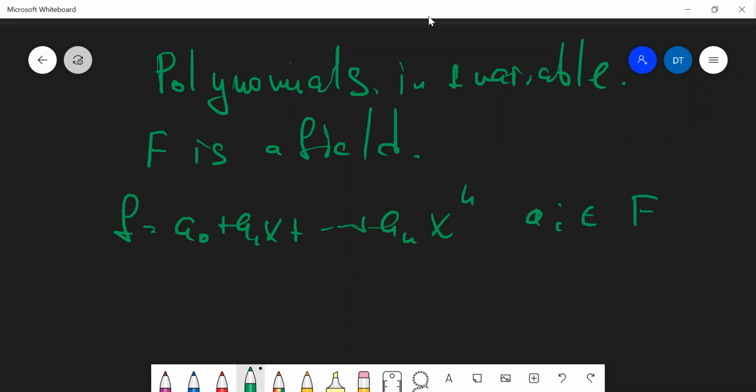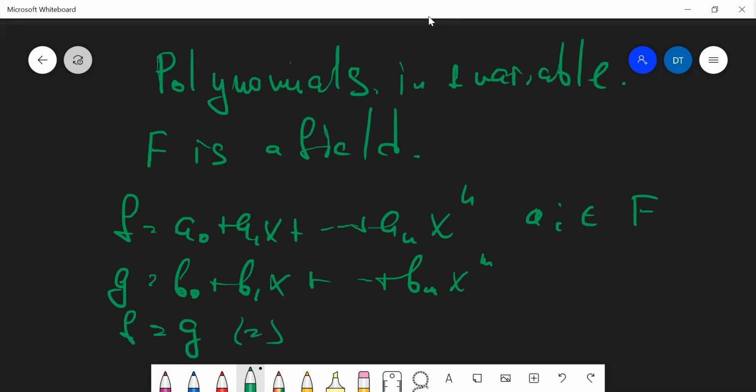So this expression is a polynomial, and as I already mentioned, two polynomials are equal if and only if all the coefficients are the same. So if we have a different polynomial, then these two polynomials are equal if and only if for all natural k, a_k is equal to b_k.